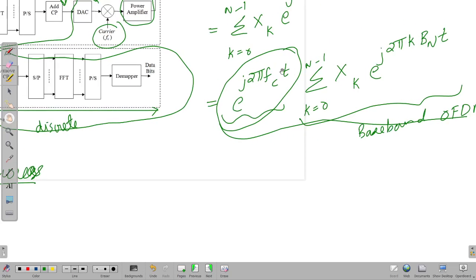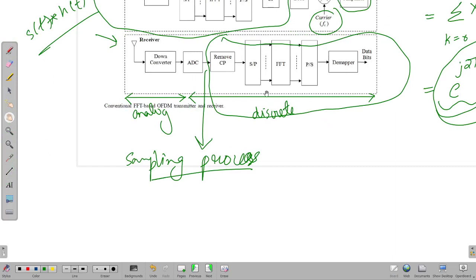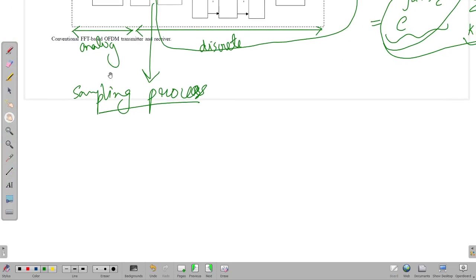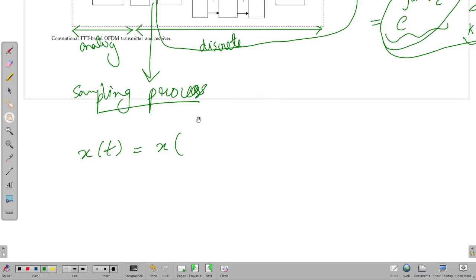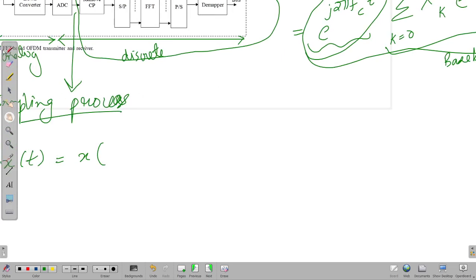I'm only considering this part, the baseband OFDM section, the section that reaches the ADC. So let me denote that section by x of t, and x of t is equal to x of... I'm sampling it. Let me just rewrite this portion again for clarity. I'll just rewrite that portion.